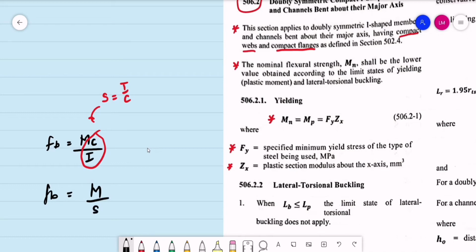But here in steel design, we are not using the elastic section modulus. We are using the plastic section modulus.